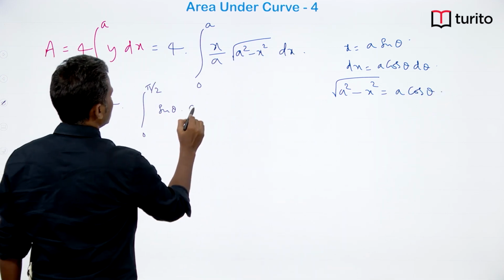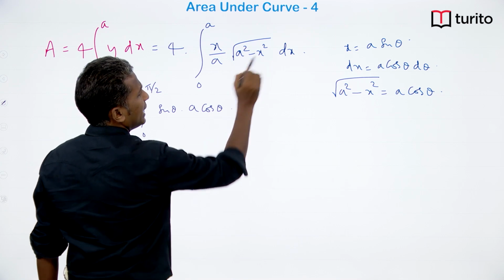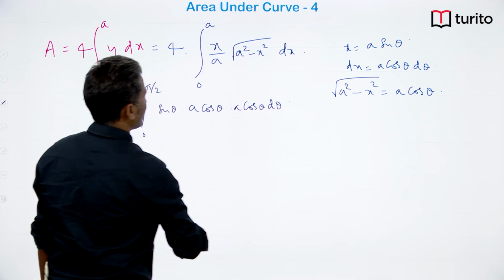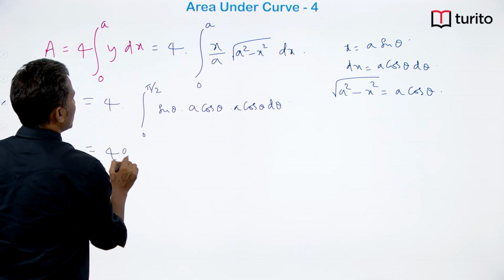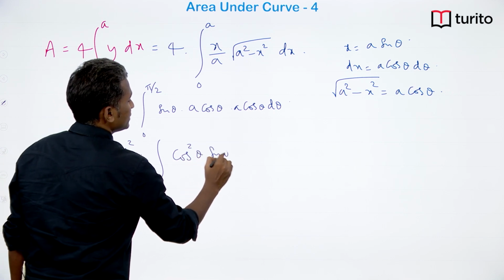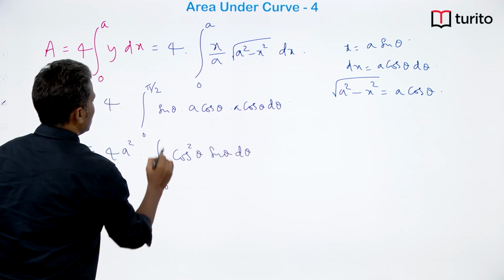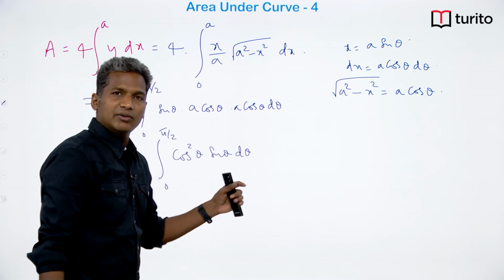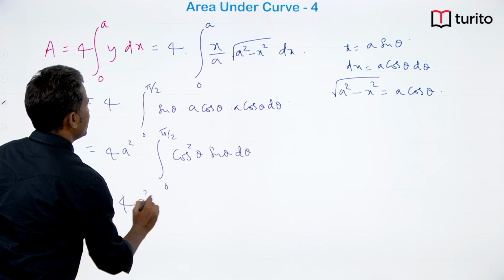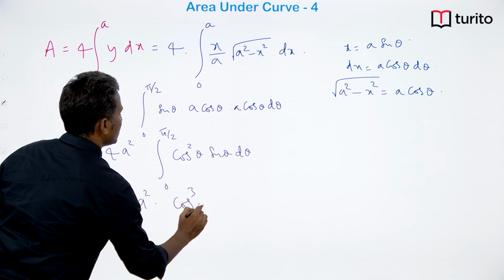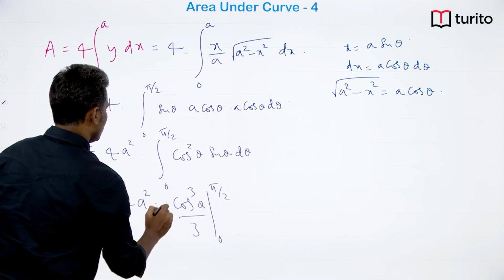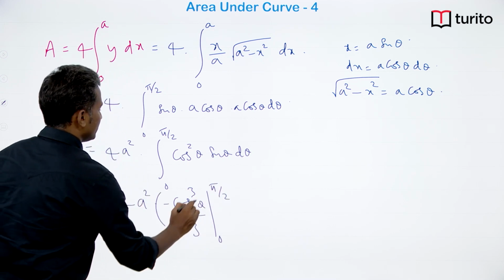So, here we basically got a cos theta, and in dx also there is one a cos theta d theta. So, we got basically a square outside, and this integral did not even go for reduction form, it came as derivative of the other. So, we can directly write this as 4a square into cos cube theta by 3, limit going from 0 to pi by 2 with one extra minus sign.